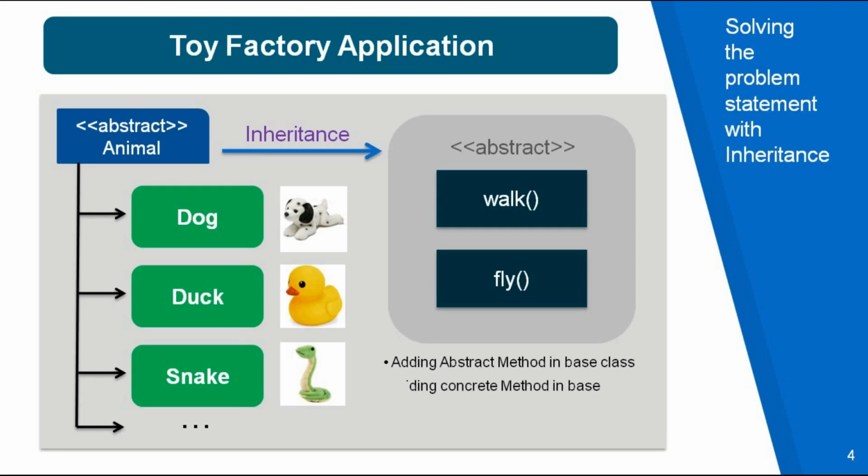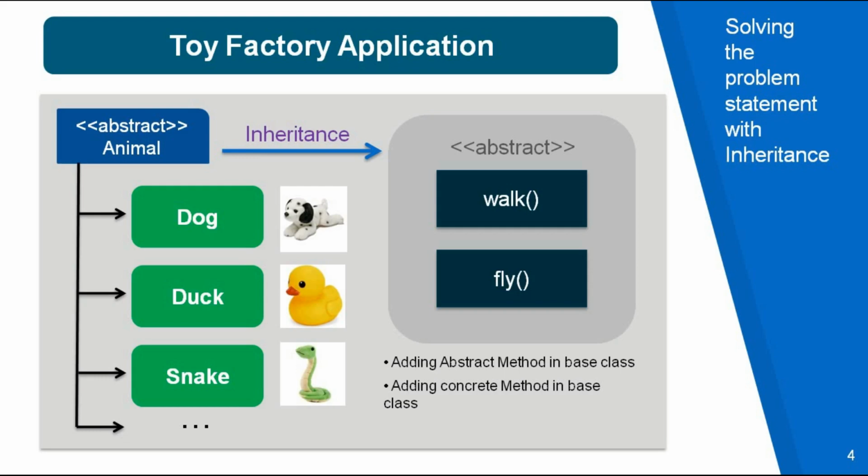The next way is to add a dummy or concrete implementation in the base class. In this case we won't get a compile time error. However, what we want here is for these two features to be implementation specific.